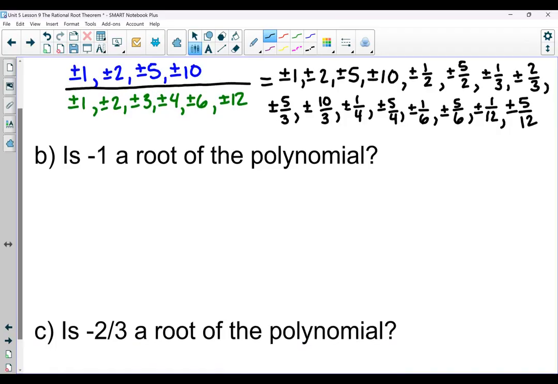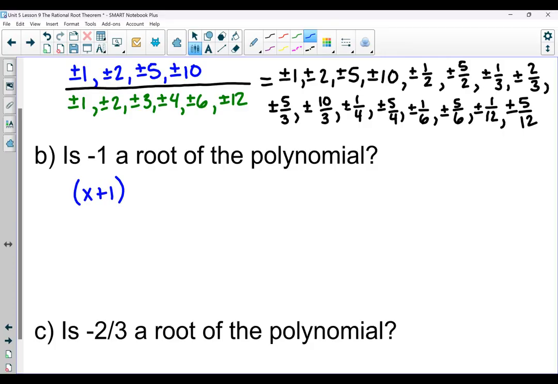We know that we could find roots of the polynomial from the factored form of a polynomial. So if we are looking for a root of negative 1, we actually have to consider the factor x plus 1. If you set that equal to 0 and solve for x, you get -1, right?